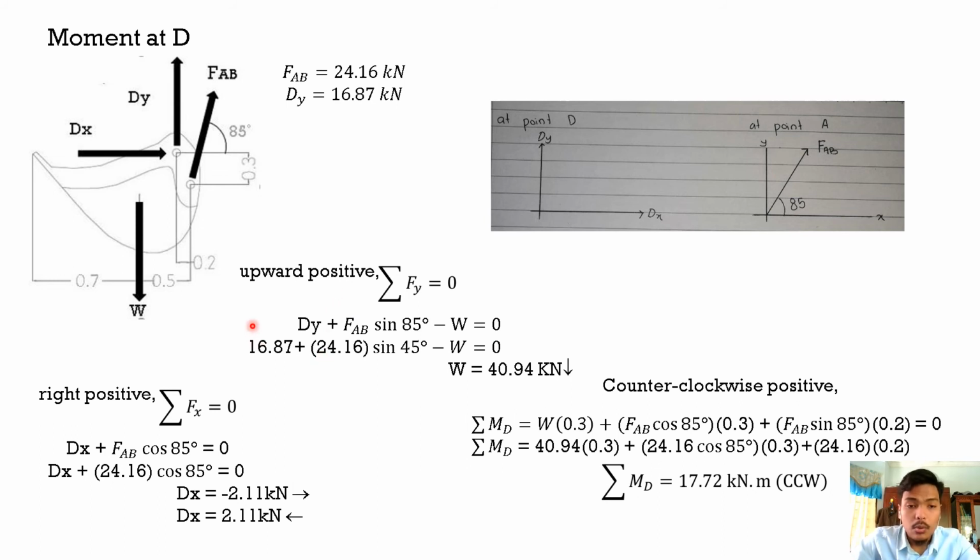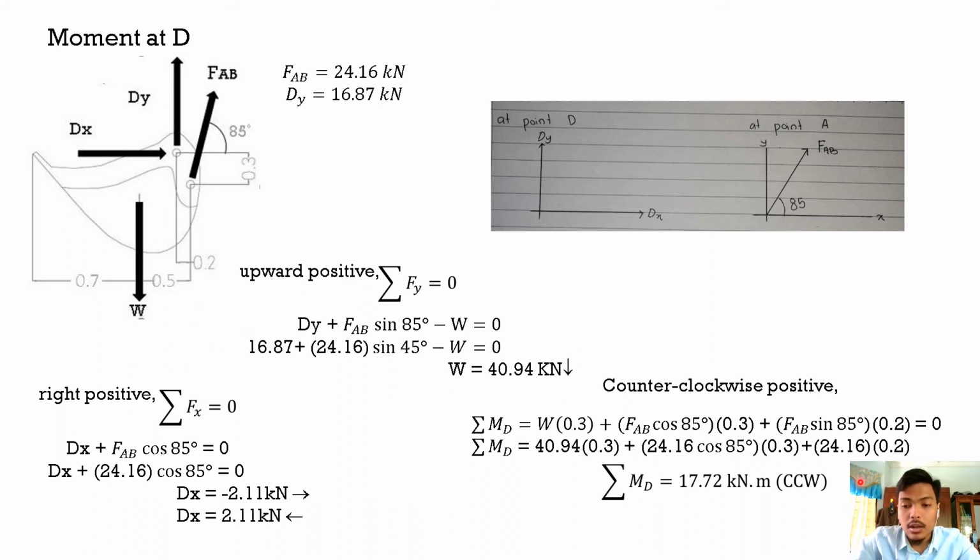Next, we enter the value of Dy and the value of FAB, and then we get the answer for the weight. We got the answer for the weight is 40.94 kilonewton downward. So after we got Dx and W, we have all the forces in the bucket system.